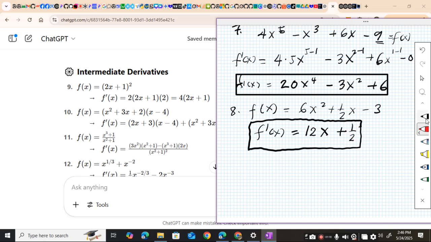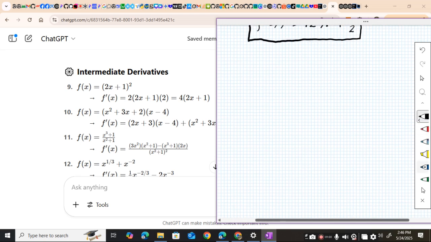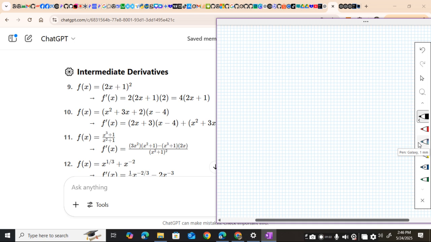Now let's try more challenging examples, like intermediate derivatives. Okay, so we step up the level and do exercise number 9. For number 9, f prime of x equals the derivative of 2x plus 1 raised to 2.